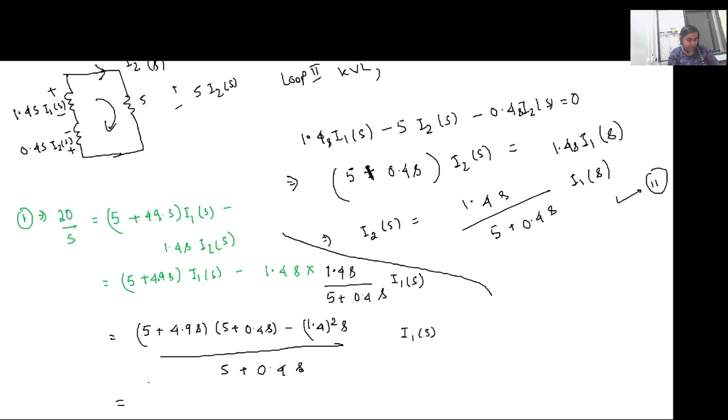So just simplifying this out, where is my calculator? 5 into 5 is 25, plus 4.9 into 5 is 24.5 s, plus 5 into 0.4 is 2 s, plus 4.9 into 0.4, which is 1.96.